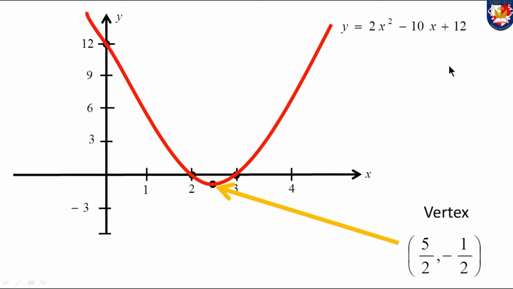This is the vertex, and the coordinate of the vertex is (5/2, negative 1/2). As you can see here, the value of a is greater than 0, a positive number, which means the curve opens upwards and the vertex becomes the minimum point.